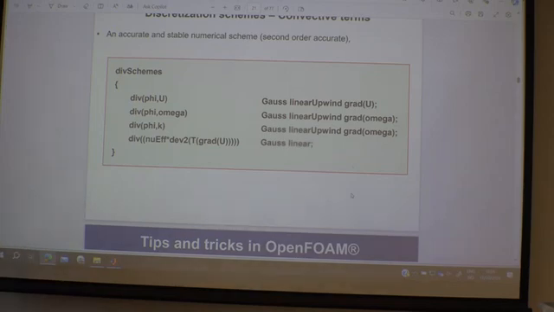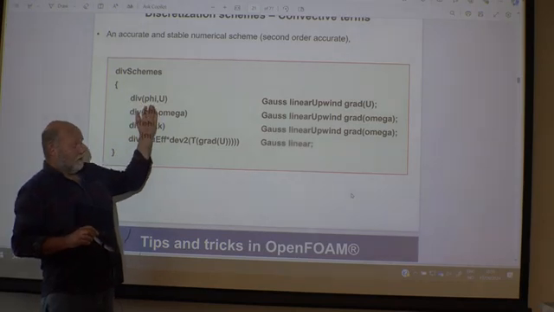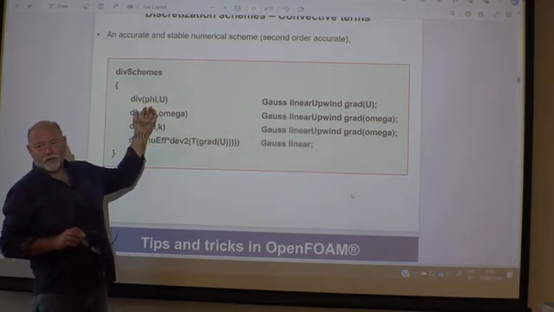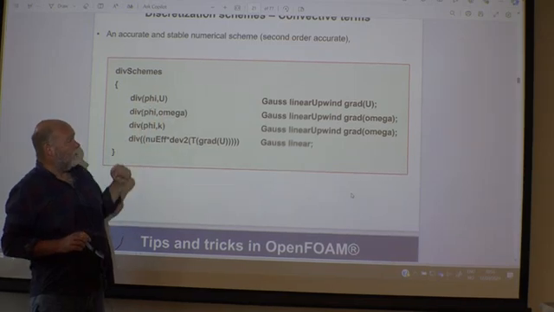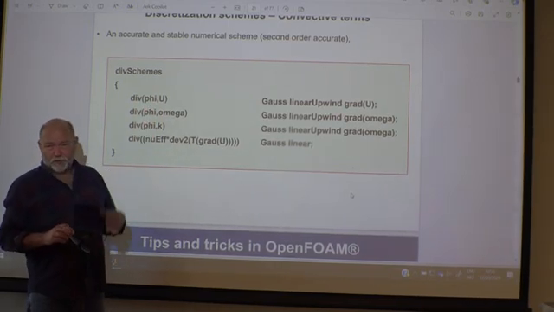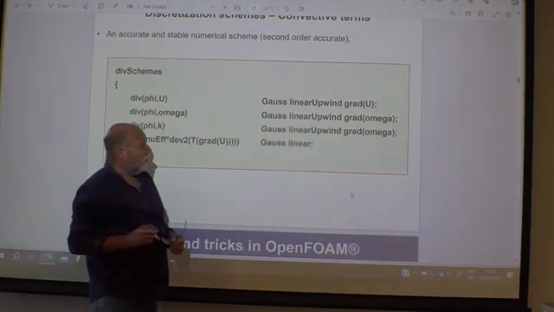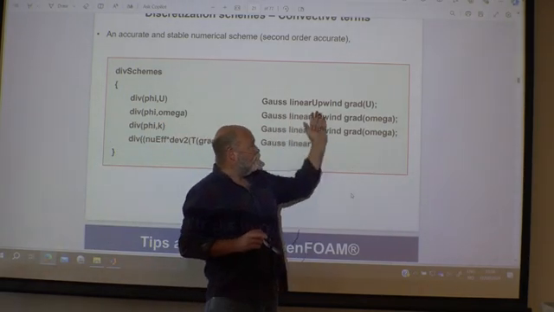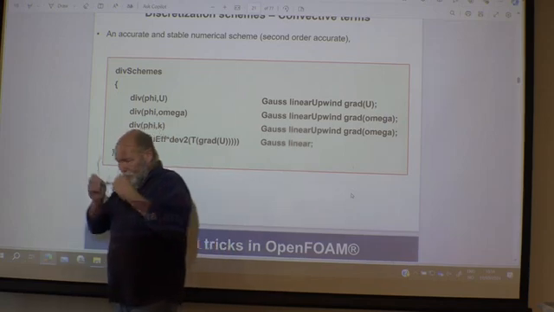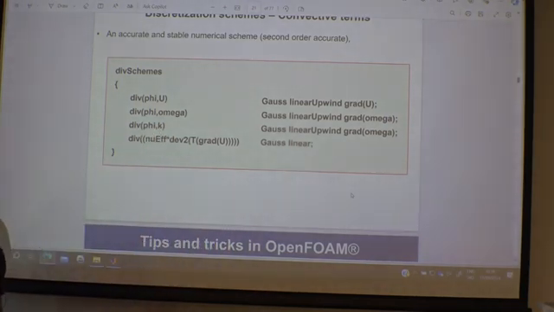So here you have a second order setup for the nonlinear terms in the Navier-Stokes. So typically velocity times the gradient of the velocity, nonlinear terms. Here you have linear upwind, so that's second order accurate, and should be roughly stable.